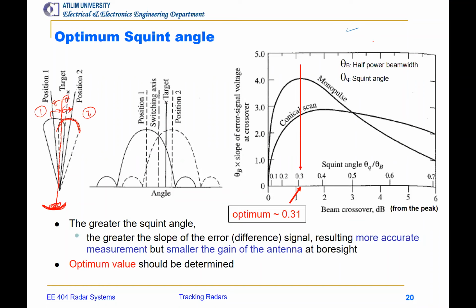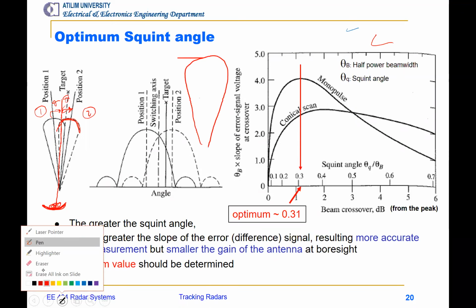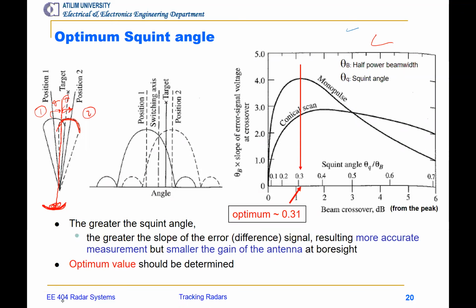On the right-hand side here, you see the two curves, one for conical scan, the other one is monopulse. Here we have the half power beamwidth of the antenna. Again, let us remember half power beamwidth. Here is the antenna pattern, let's say, of a pencil beam antenna, and here is the center.